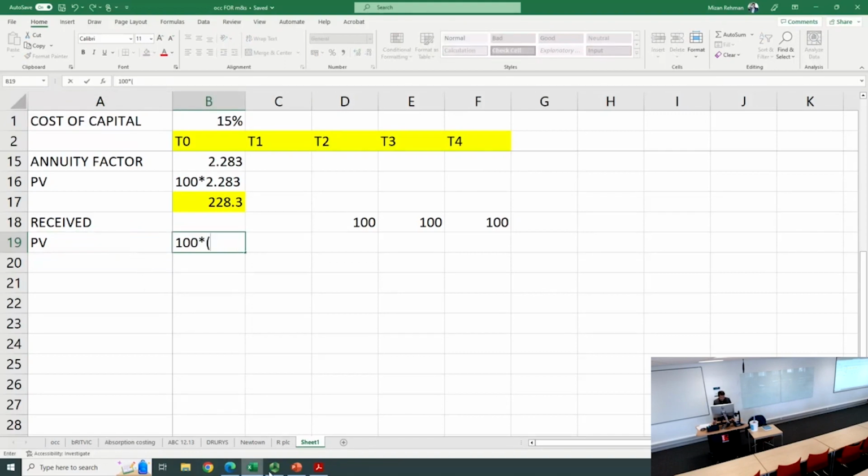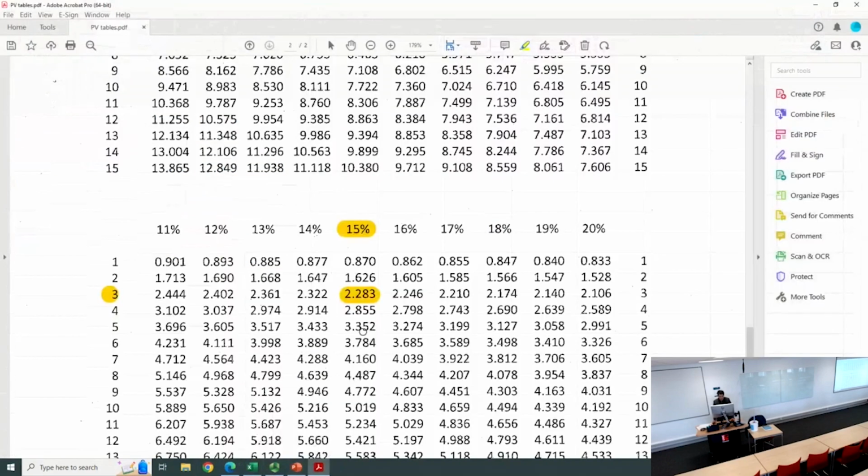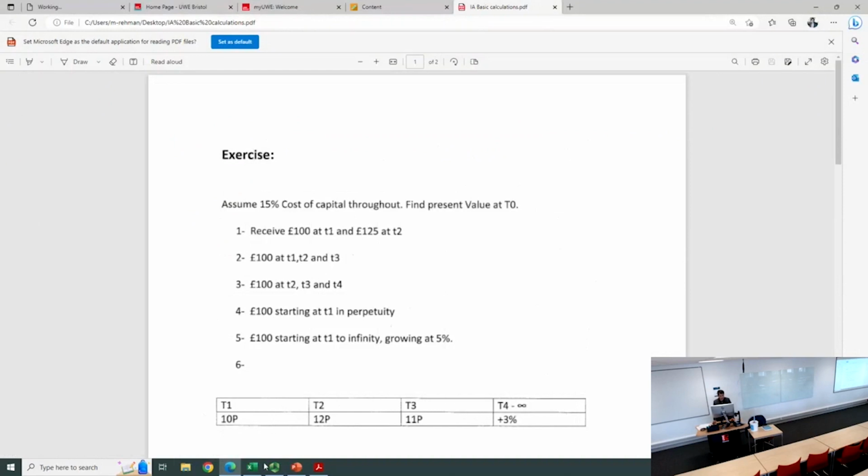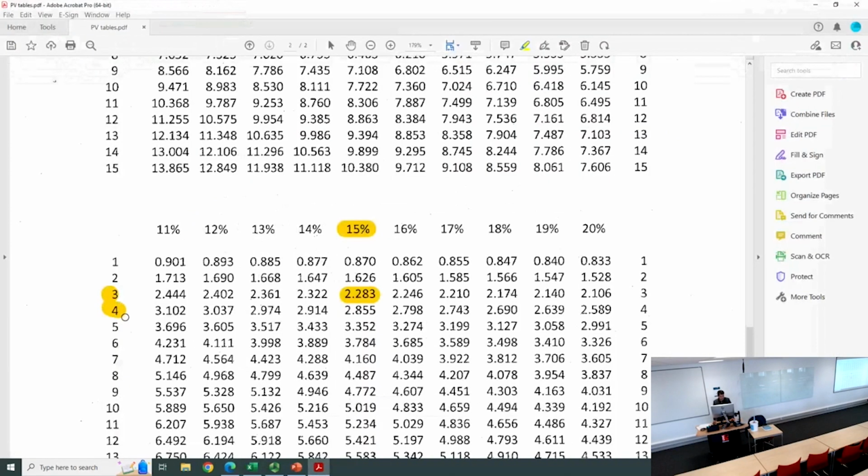Please pay attention. Under 15% because this is year 4. The timeline ends in year 4, so we will pick the figure from year 4. So the figure is 2.855.